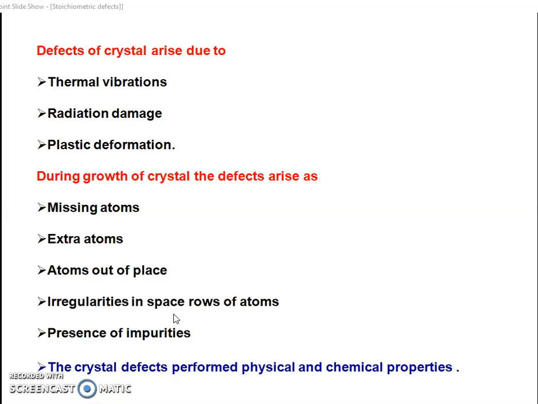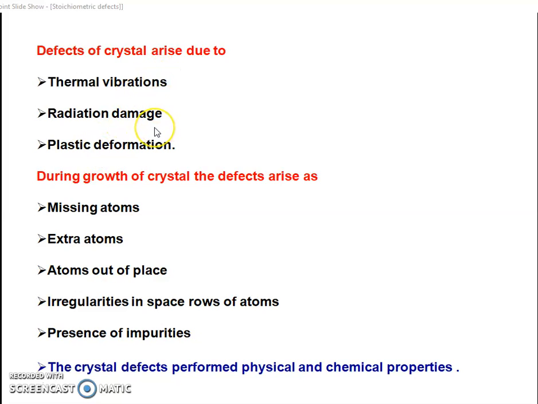Imperfections or various types of defects in solids arise due to thermal vibrations, radiation damage, or plastic deformation.